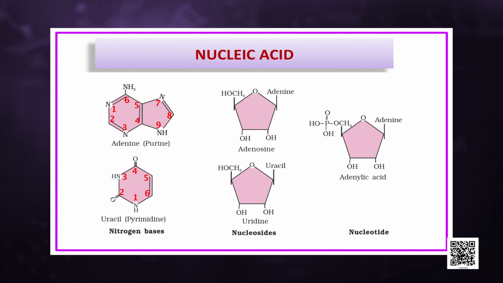Nucleic acids contain either ribose or deoxyribose sugar. Ribose sugar is present in RNA. Its molecular formula is C5H10O5. Deoxyribose sugar is present in DNA. Its molecular formula is C5H10O4.